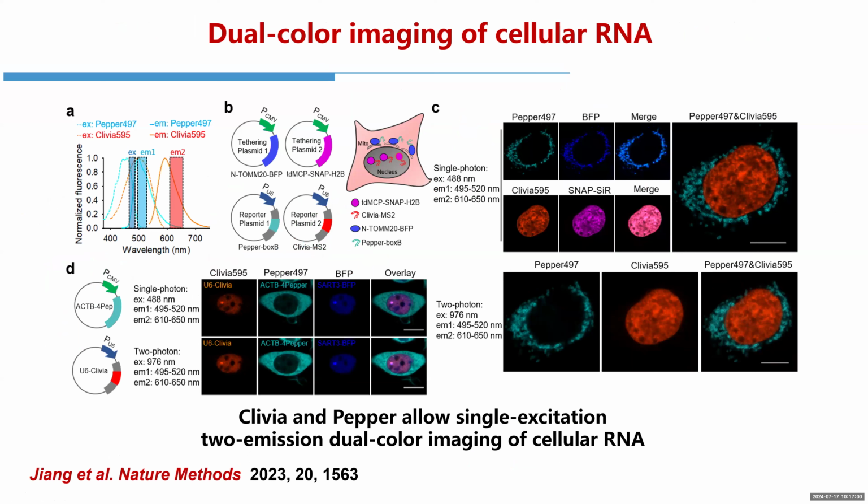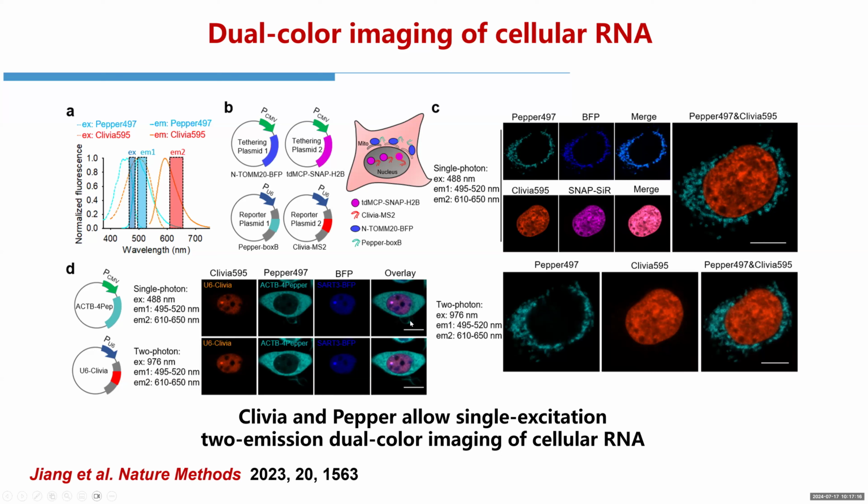Cleaver shares excitation spectra similar to those of Pepper, but has large Stokes shift emission, sometimes exceeding 100 nanometers. So this enables single-excitation dual-color imaging of Cleavers and Peppers using single-photon or two-photon microscopy.